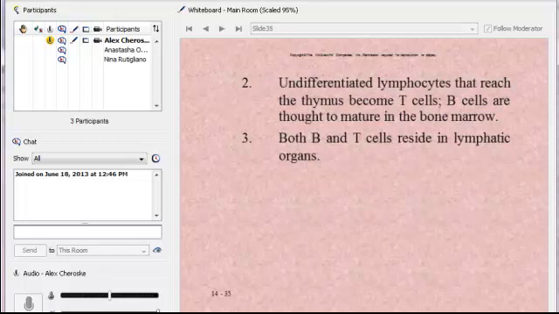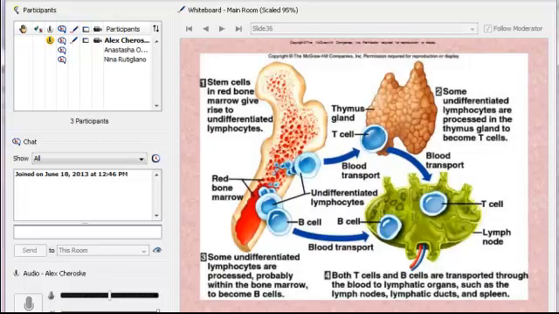But they both have very specific roles in our adaptive immune system. And they both will ultimately end up residing in different lymphatic organs, like the spleen and the lymph nodes and things like that. So this figure does a good job of showing us some of those differences.